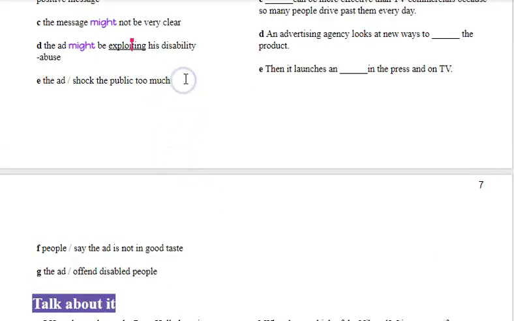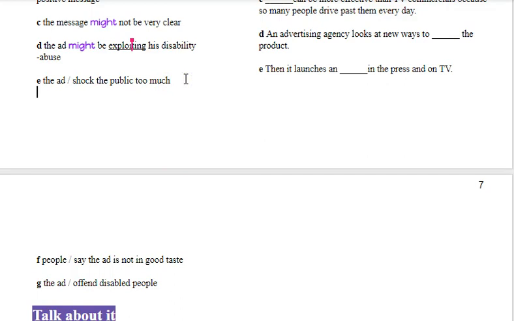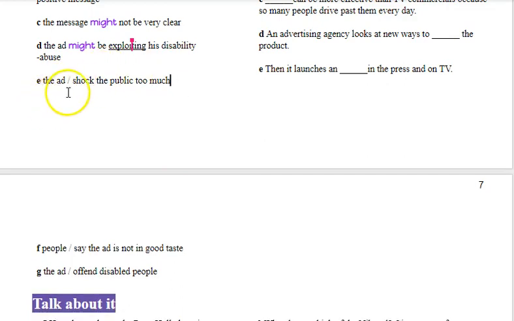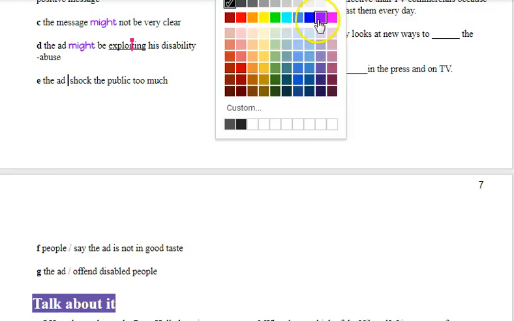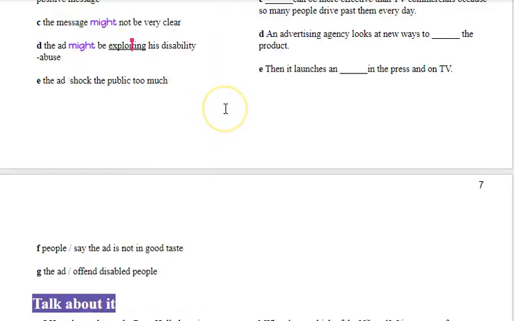So, how about letter E? The ad might shock the public too much. Alright, the ad might shock the public too much. Why might the ad shock the public too much? Because Nike always gives us a very positive image.